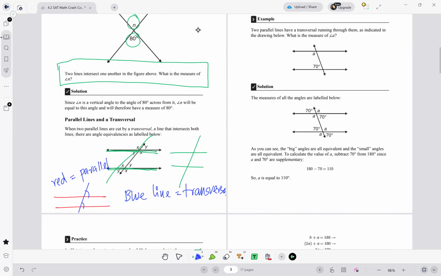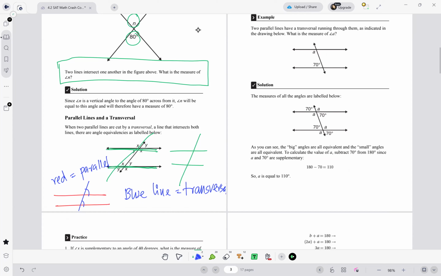When parallel lines are cut by a transversal, the angles formed, because we have 8 angles formed here. This is 1, this is 2, this is 3, this is 4, this is 5, this is 6, this is 7, and this is 8. We have 8 angles formed here.